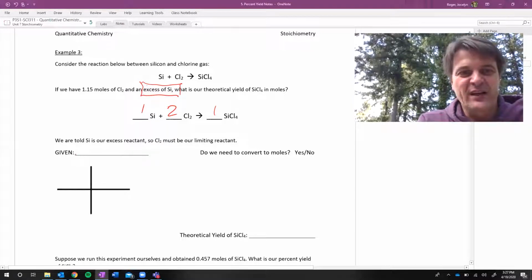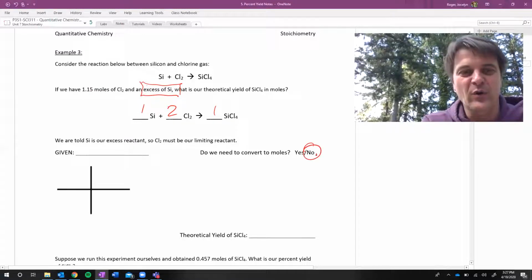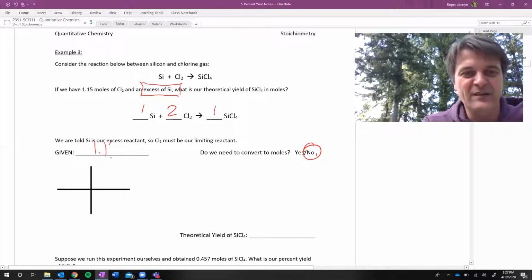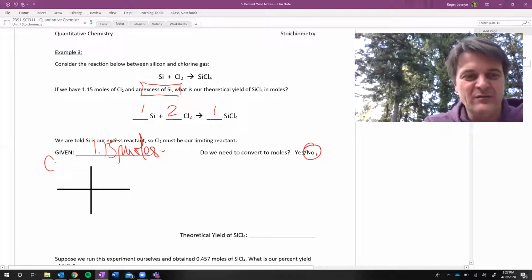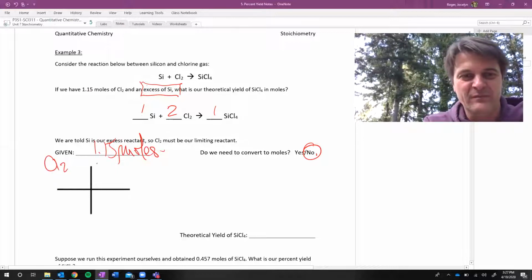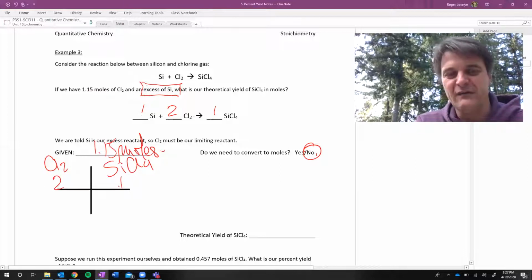So what's given to us? 1.15 moles of Cl2. We're already in moles. According to the balanced equation, two moles of Cl2 gives 1 mole of SiCl4.